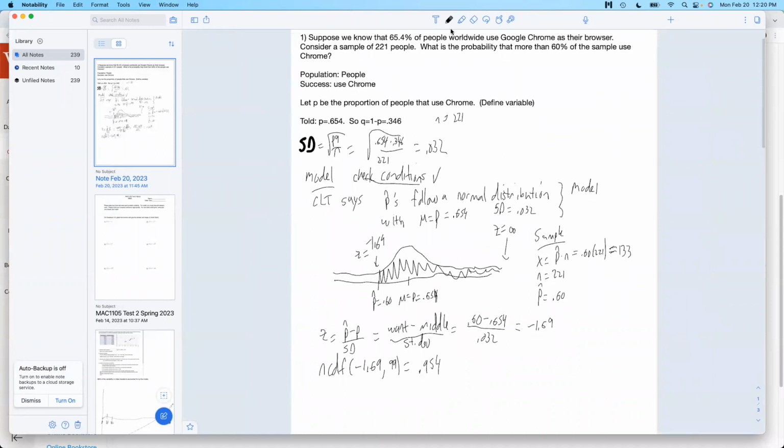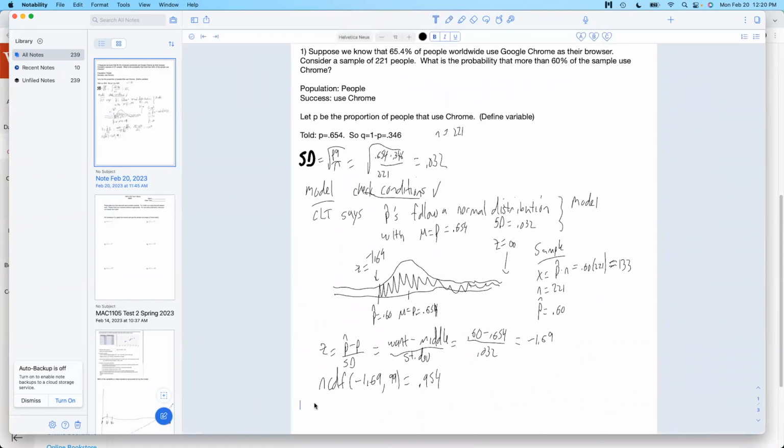So then word problems have word answers. The probability that more than 60% of the sample, remember, we're not making predictions about the entire population. We're making predictions about samples.